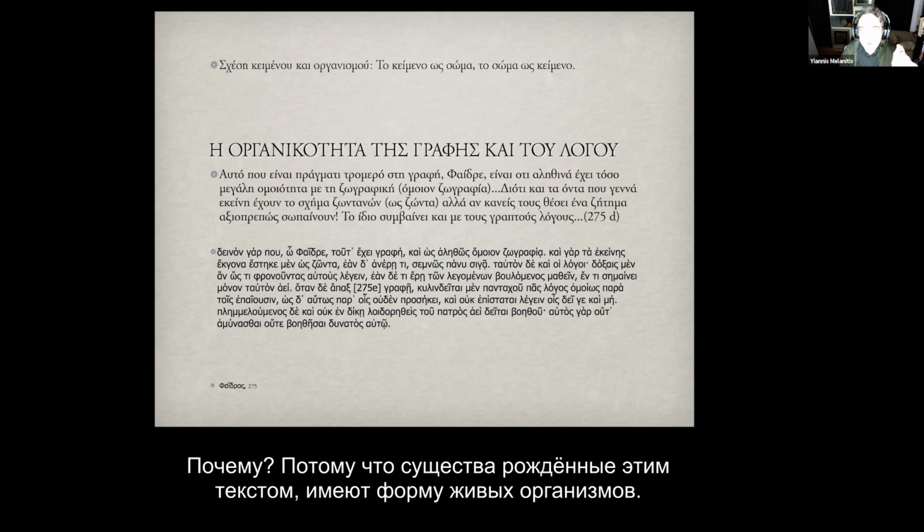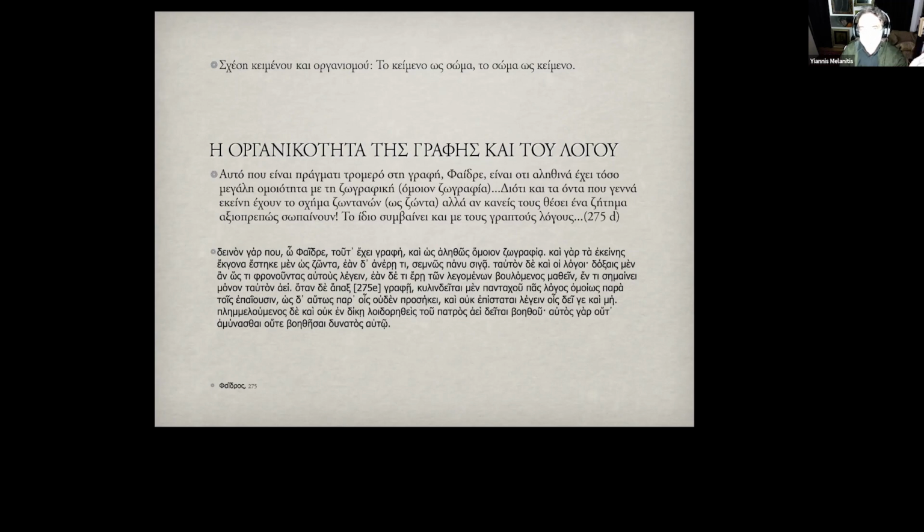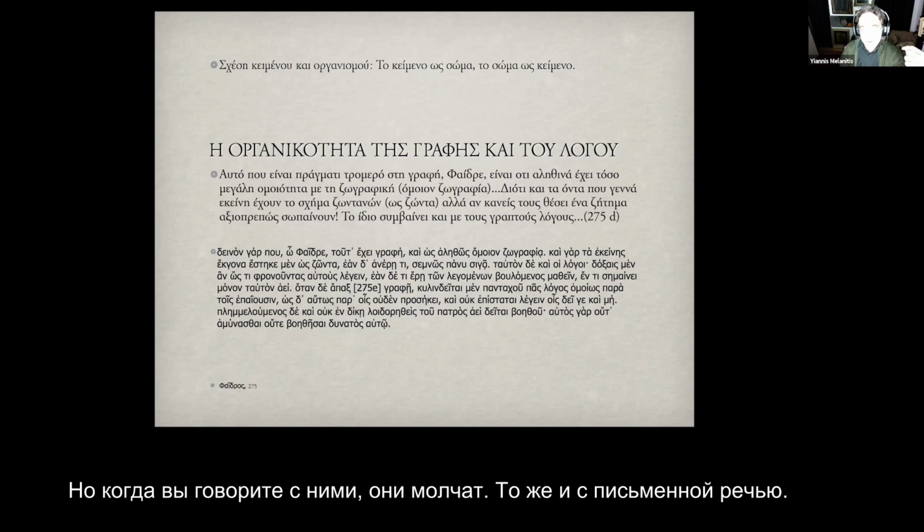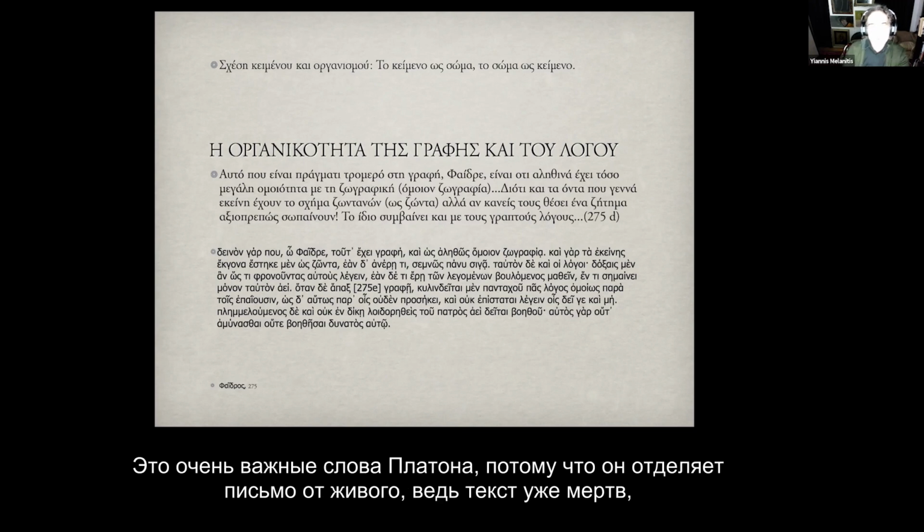Why? Because the creatures of that scripture are given the shape of living organisms. But when you speak to them, they are silent. The same is with written language. So this is a really important quote of Plato.